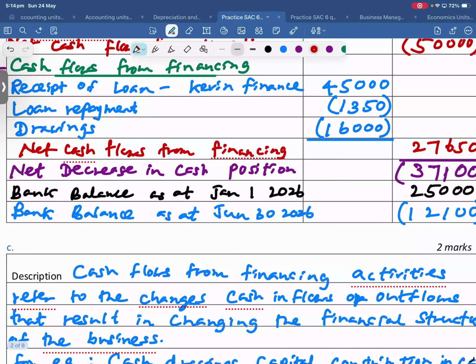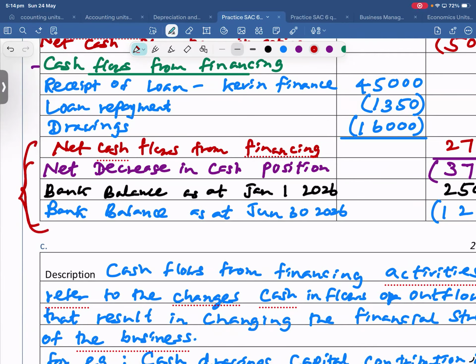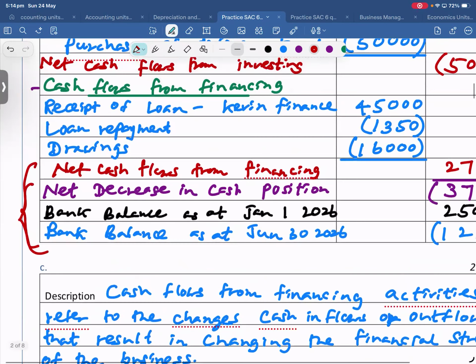So what I did was, guys, I started from the bottom because I couldn't figure out the spacing. So then I firstly did these three. So anyway, that's going to be common. All four of them will be common. Then I went back. Okay. So cash flows from financing, receipt of the loan, 45,000.